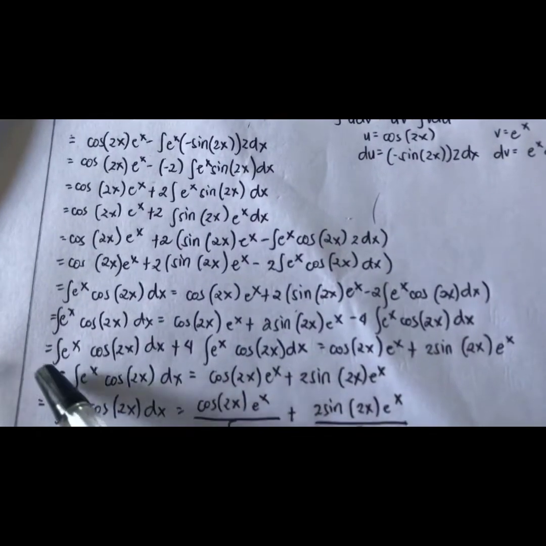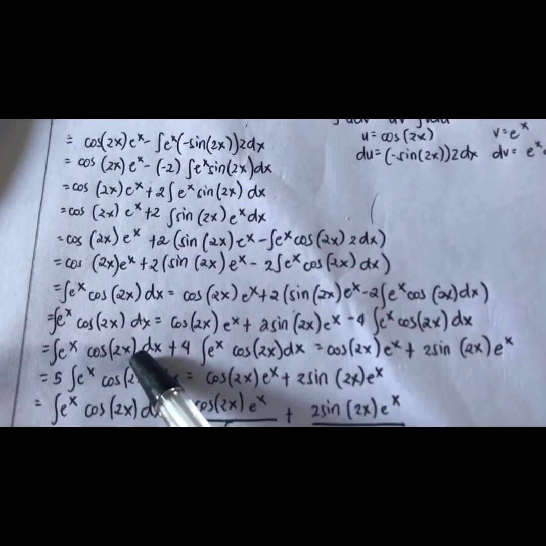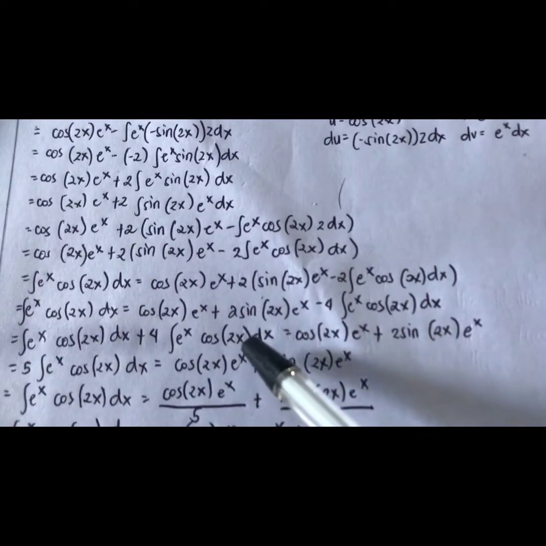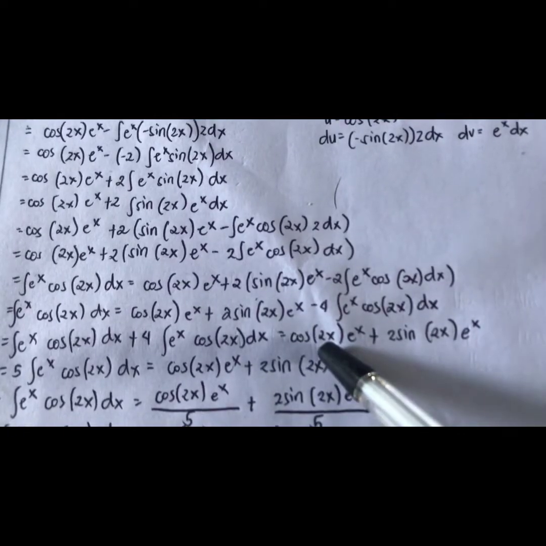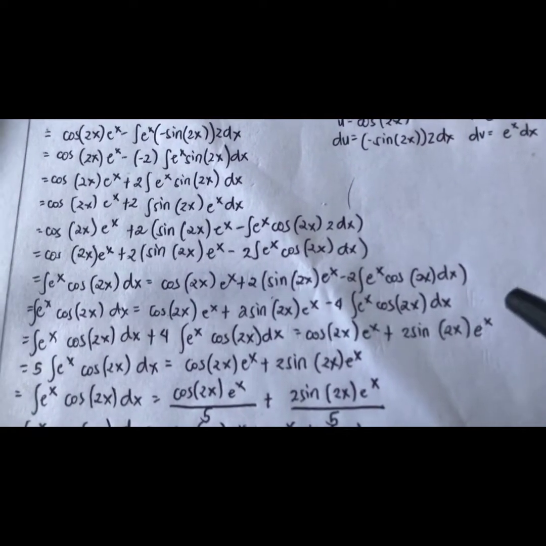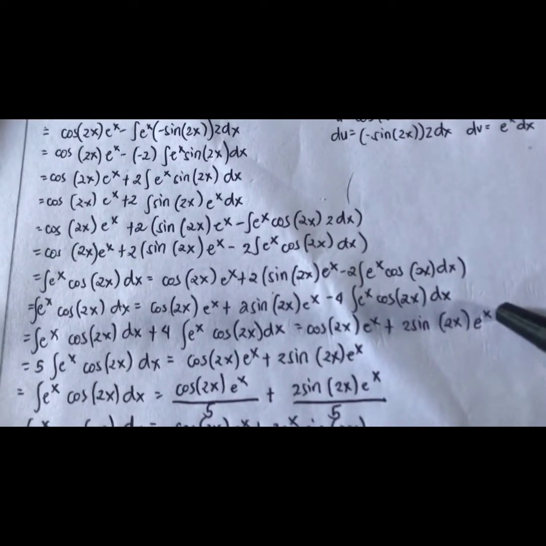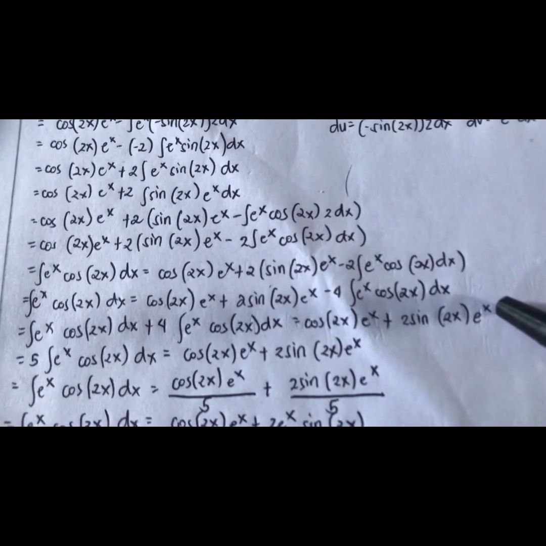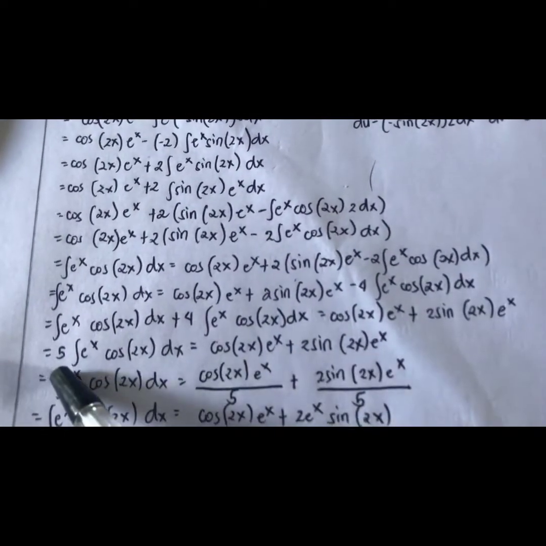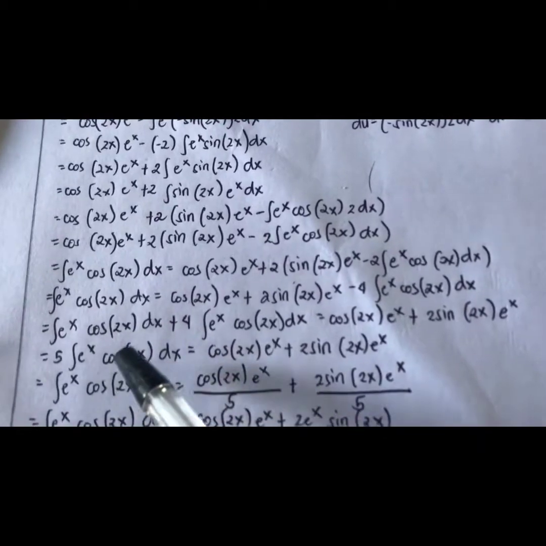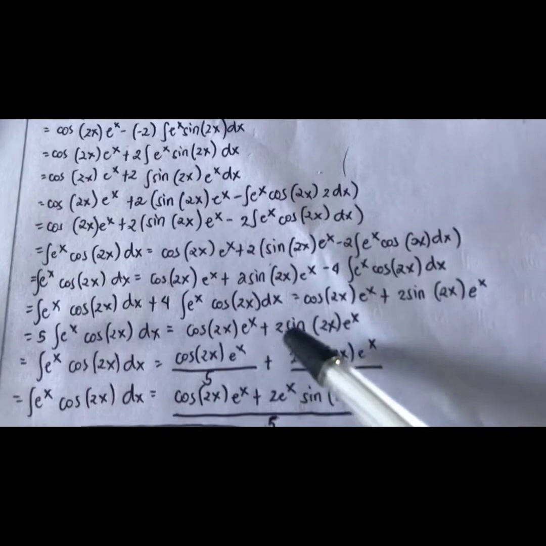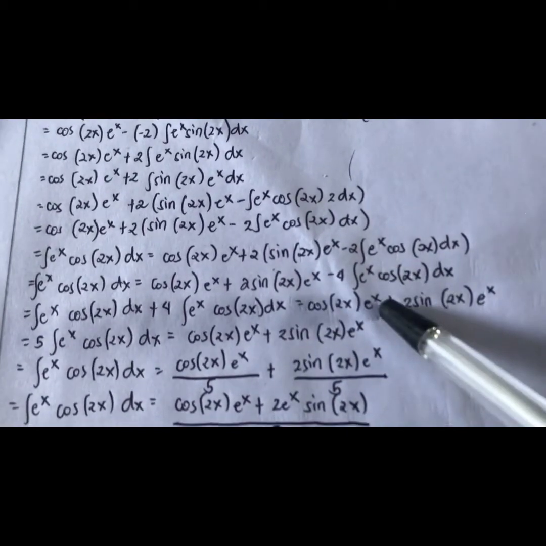So the integral of e raised to x cosine 2x dx plus 4, the integral of e raised to x cosine 2x dx is equal to cosine 2x times e raised to x plus 2 sine 2x times e raised to x. And then we will collect like terms. So 5, the integral of e raised to x cosine 2x dx is equal to cosine 2x times e raised to x plus 2 sine 2x times e raised to x.